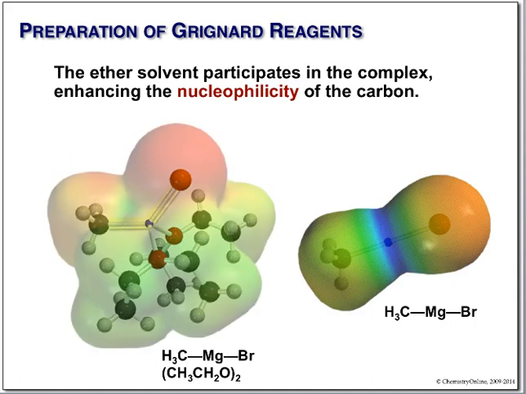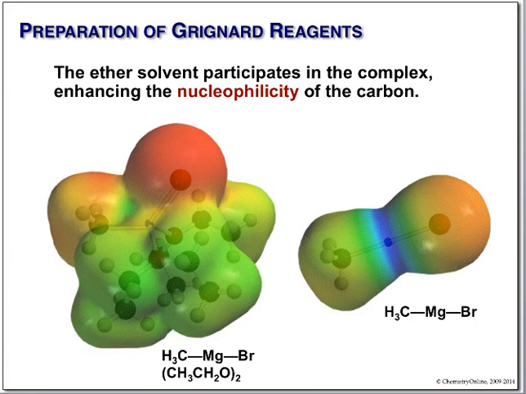The complex changes somewhat. We have much more charge up here on our bromine, but the important thing is that we also have this bit of red, that is the negative charge, that's now associated with the methyl. So the ether is actually a very important component of this reaction complex. It allows the carbanion character to show, and that's what makes this reaction work.